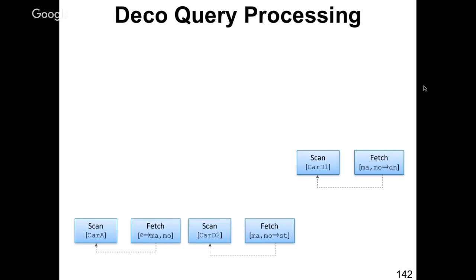At the beginning, DECO will publish some fetching operators in the crowdsourcing platform. And from this part, you can see why DECO wants to separate the views, because it can fetch the entities and fill the attributes in parallel.